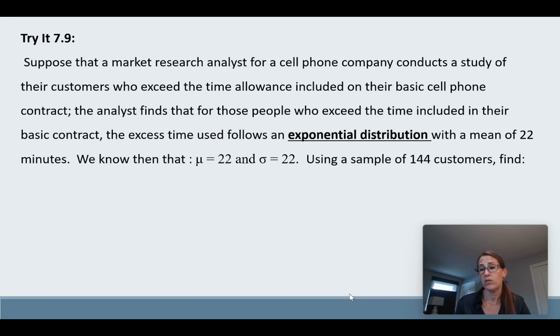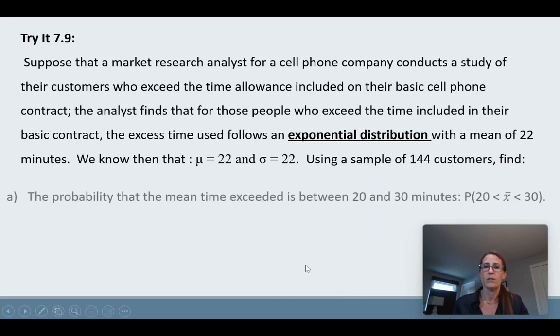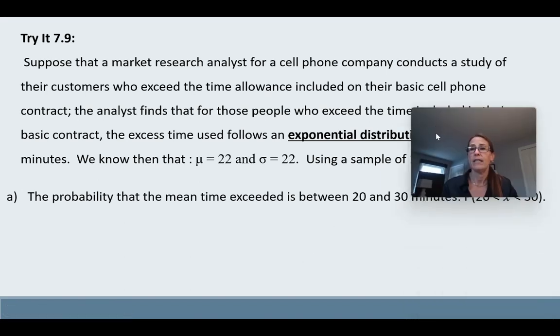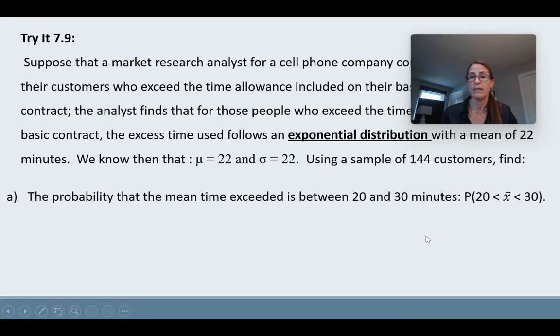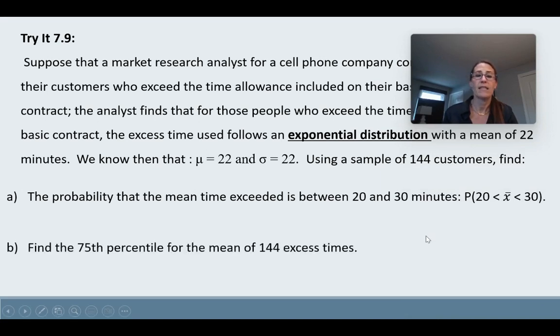And we know for exponential distributions that when the mean is 22, it's the same as the standard deviation of 22. So using a sample of 144 customers, we're going to find the probability that the mean time exceeded is between 20 and 30 minutes, and we're going to find the 75th percentile for the mean of 144 excess times.